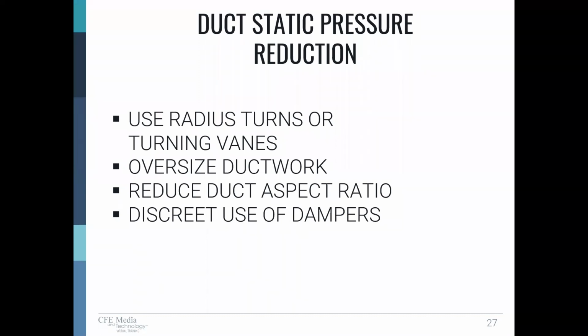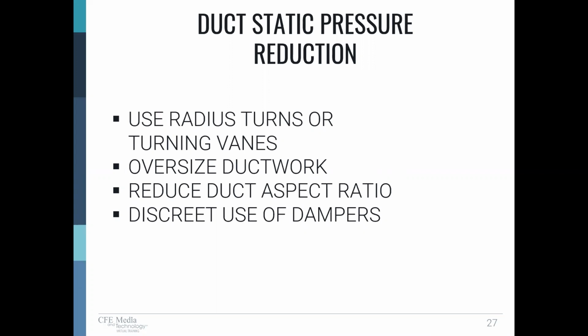The second methodology that reduces the overall static pressure in a duct system is you can oversize the ductwork so that you're carrying the same amount of air. It goes at a lower velocity, and so therefore less friction. You have less static pressure losses.